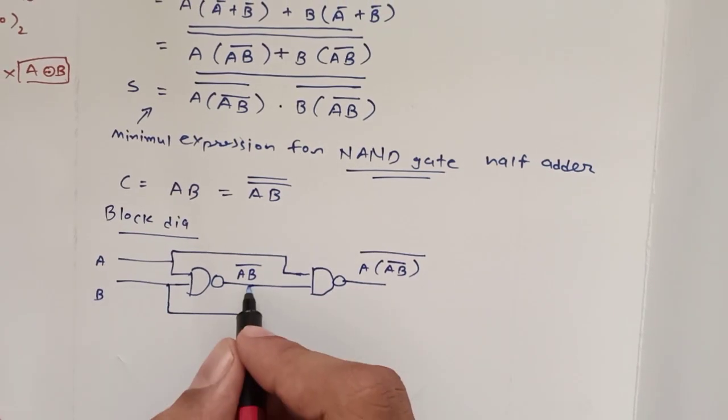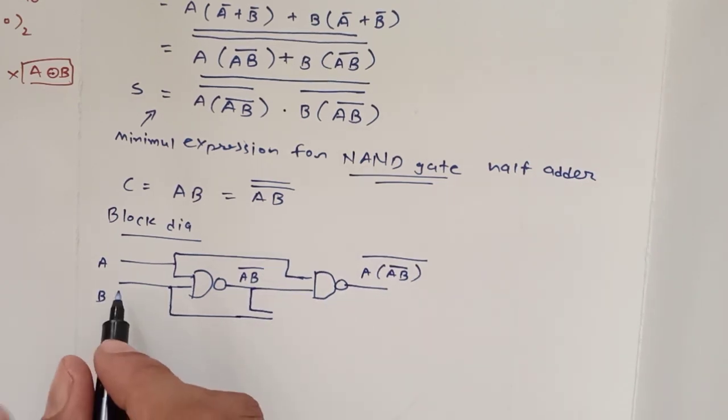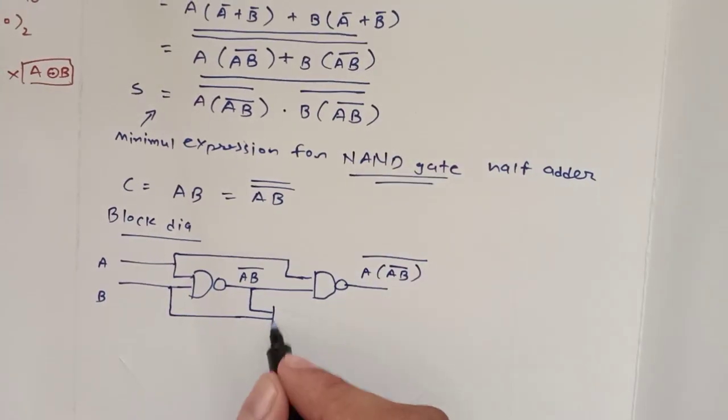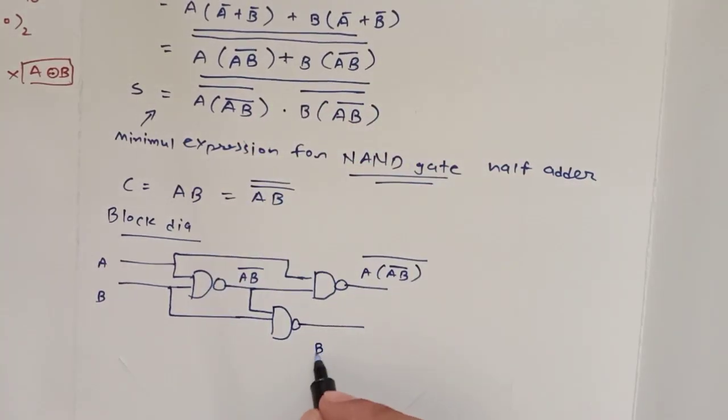Now this is B·(A·B)' whole bar, or this is one another B. For this we use another NAND gate and we get (B·(A·B)')' full bar of that expression.